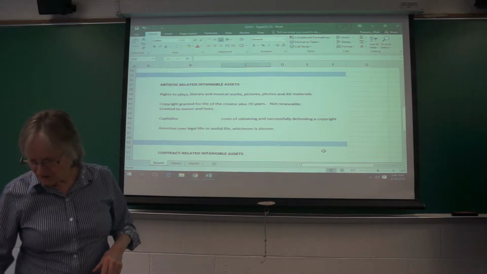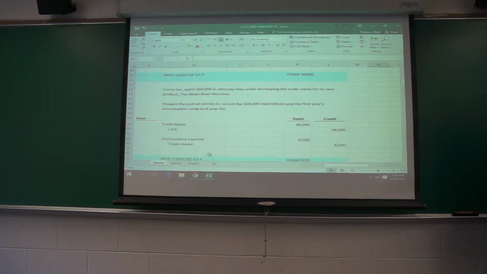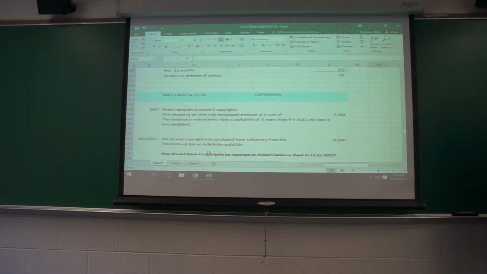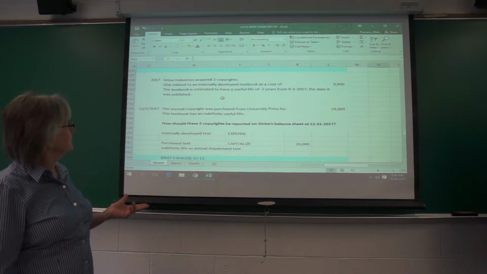Okay, so for artistic related, we could look at brief exercise 12.10. And this is a copyright. This company bought 2 copyrights. One was for an internally developed textbook.